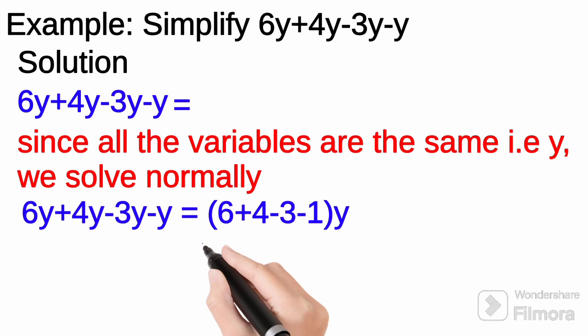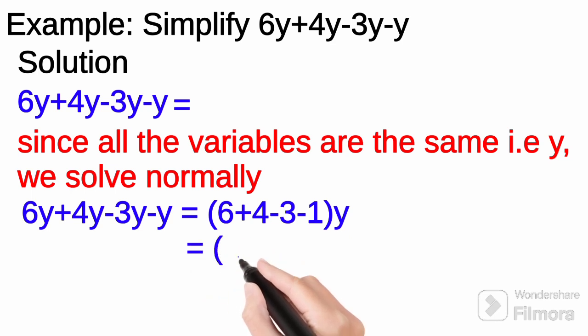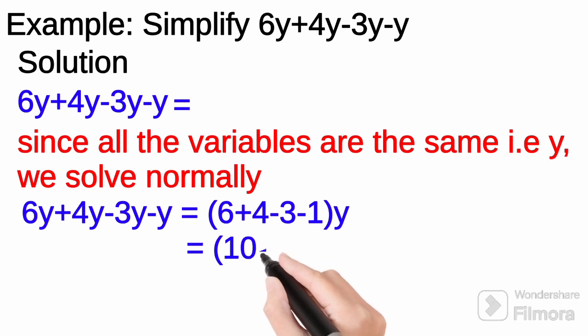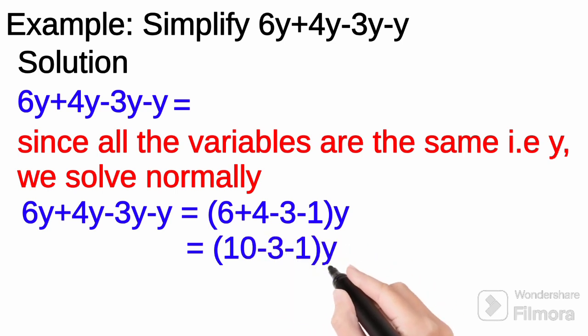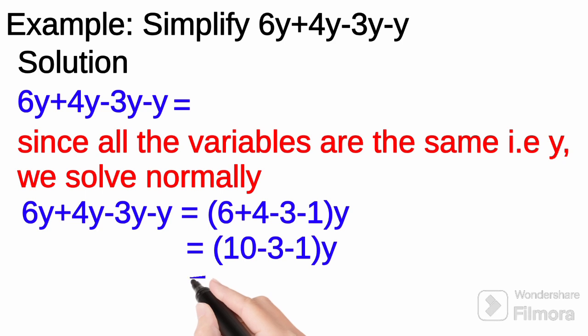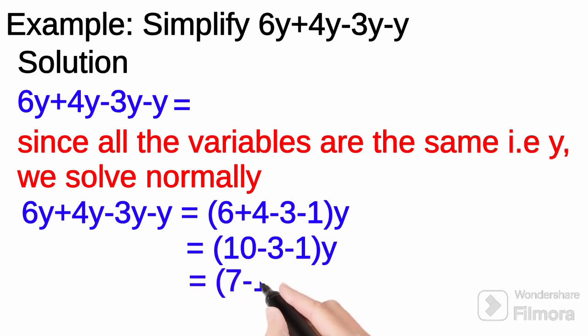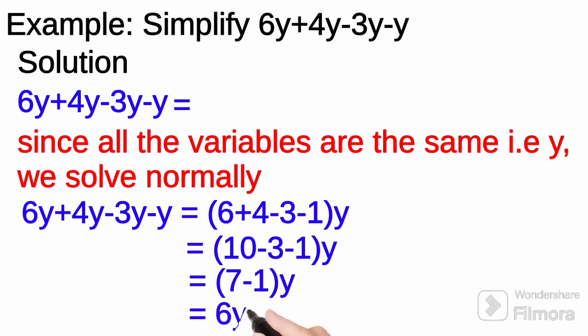So when we add 6 plus 4, we are going to have 10. That is 6 plus 4 is 10, minus 3 minus 1. Then we're going to put our y. All the variables have y. The next, 10 minus 3 is 7, minus 1, and that will give us 6y. So that's our answer, 6y.